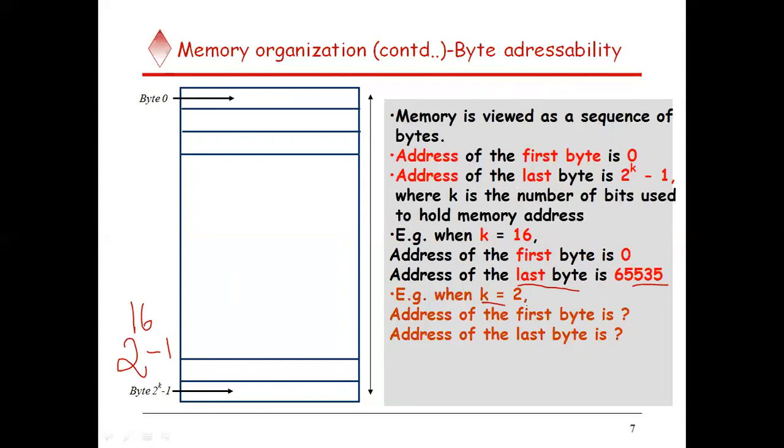The example is now asking, if k is equal to 2, that means 2 bits are used for representing one address, in that case what will be the starting address and what will be the last address? The starting address will always be 0, and the last address is 2 raised to 2 minus 1, which is equal to 3. So the addresses will vary from 0 to 3.